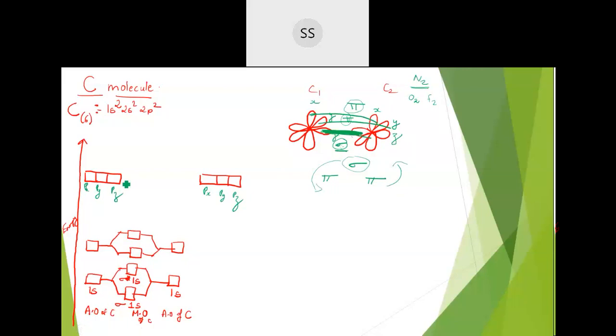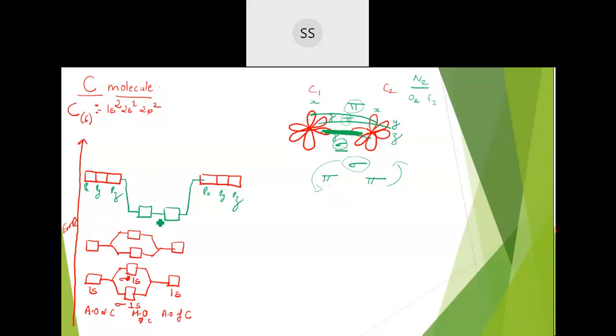So I'll draw here. When you're drawing, you will be drawing the pi orbitals down, because of the mixing this happens. So, see, I'm drawing 2 pi orbitals in the bottom. The reason is that both of them are pi orbitals, and since both are of similar kind, both will have the same energy.